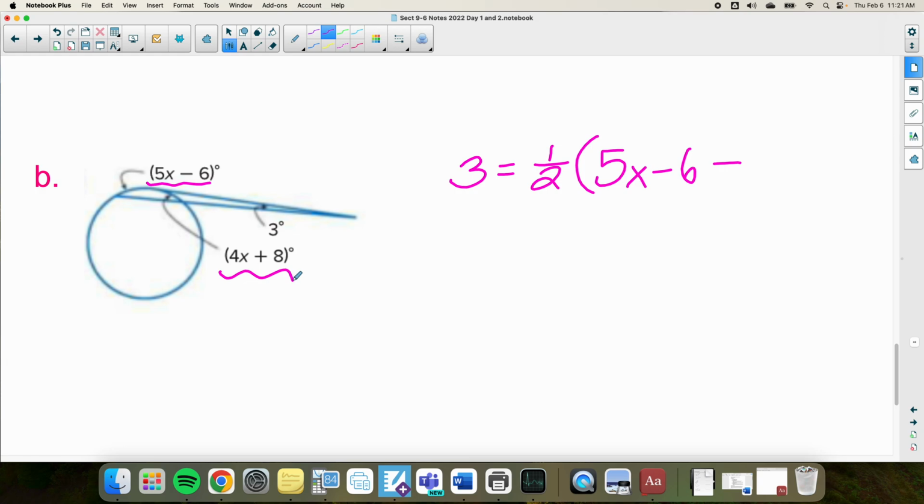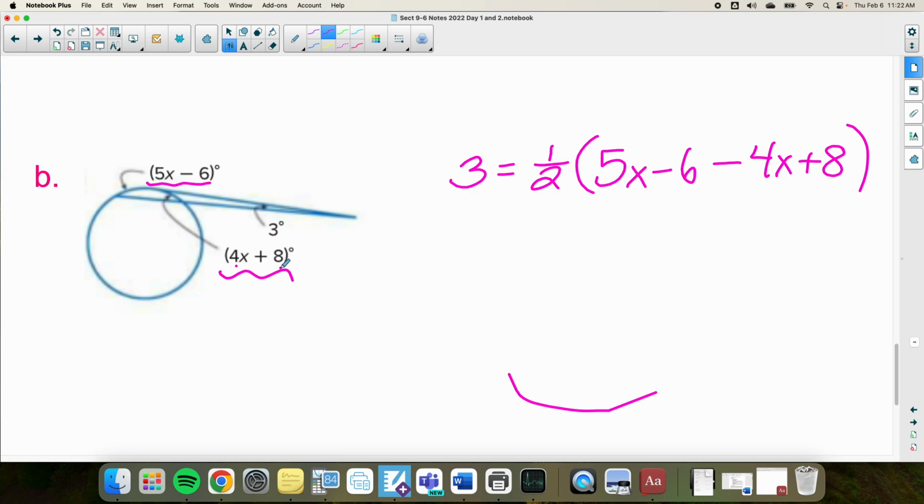Now, if you don't put that 4x plus 8 in parentheses, my guess is you'd all get this wrong. I think a lot of you right here would say minus 4x plus 8. Would a lot of you do that? But when you're subtracting something in parentheses, you have to change the sign of the 4x and the 8.